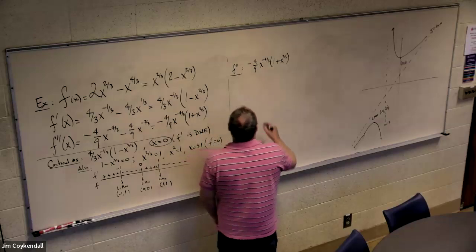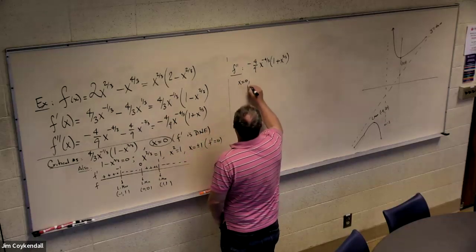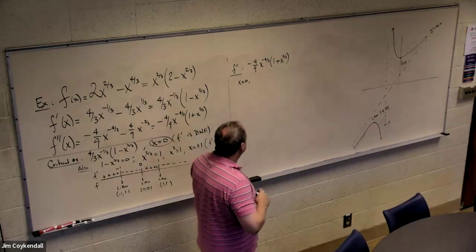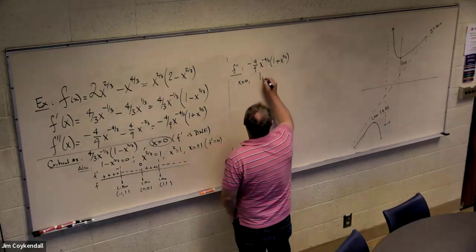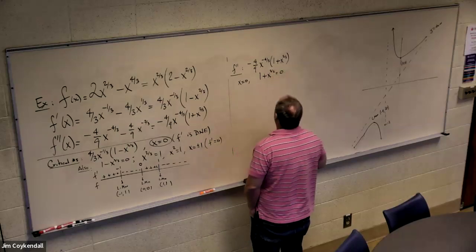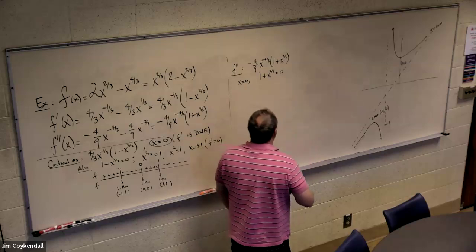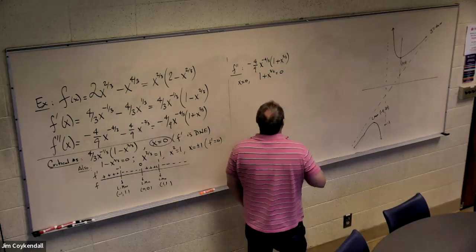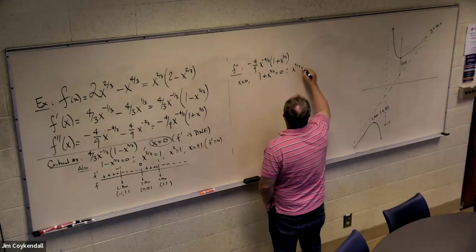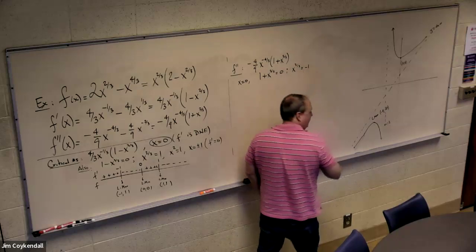Again, I get that we must consider x equals 0. That makes it undefined every time. And also, this is going to turn out plenty for us because this means x^(2/3) is equal to -1.